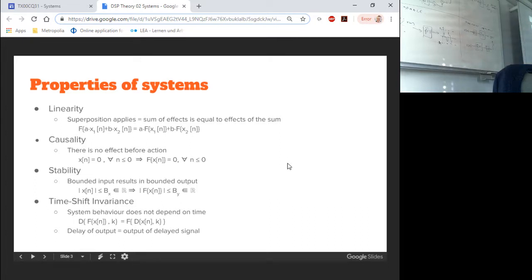So on a time shift invariant system, you can move the delay on either side of the system. It works the same.